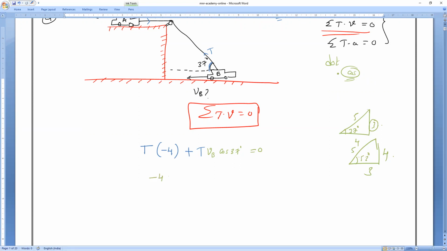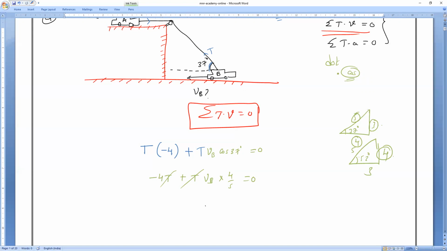So it will turn to -4 into T, and this one, T into velocity of B into cos 37 value. Cos 37 value is 4 by 5. So that equals 0. Both T cancel, so I take T common outside and it becomes 0. Am I right, guys? So this -4 will come to this side.